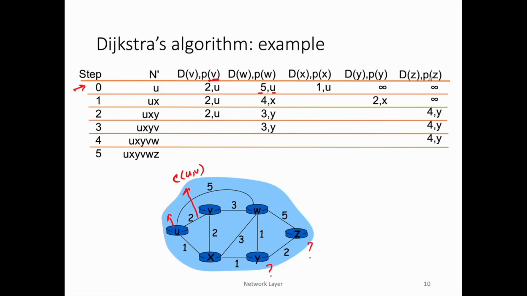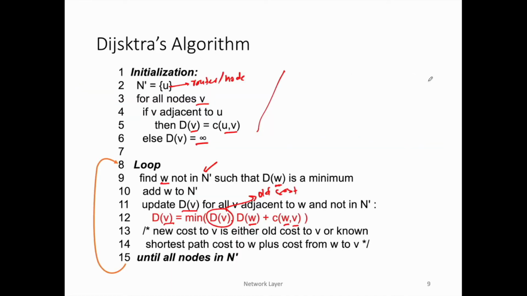Let me go back and look at this initialization step again. At step 0, N contains only u, since we have started this algorithm at u.